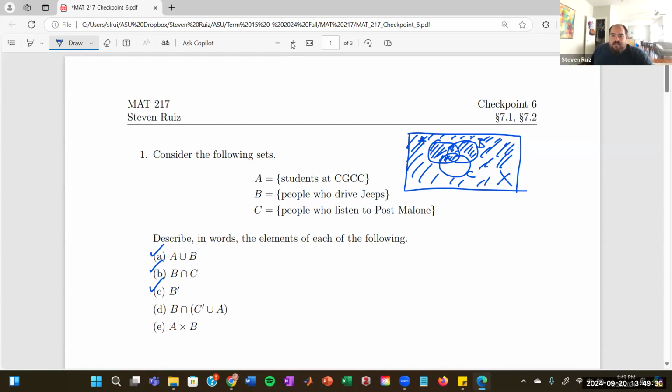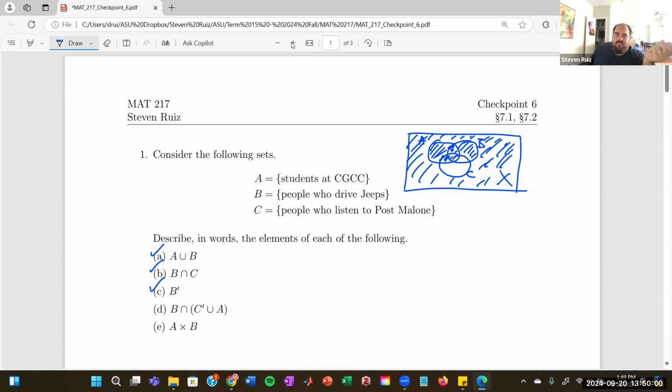So this notation here describes everything that's in A. So this set includes all CGCC students, so it includes people who are students at CGCC, or Jeep drivers, but it's not all Jeep drivers, is it?